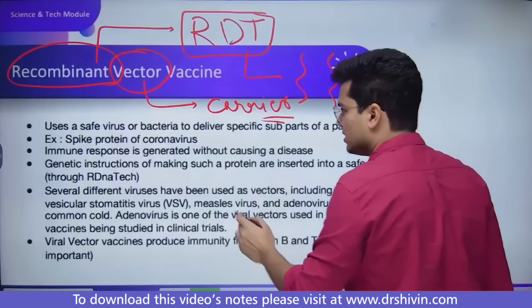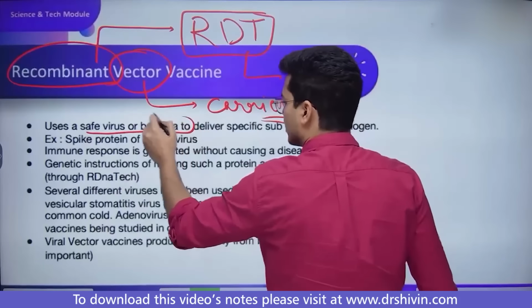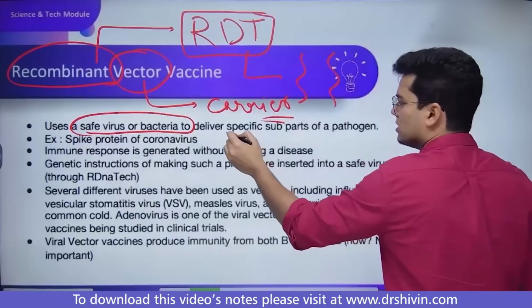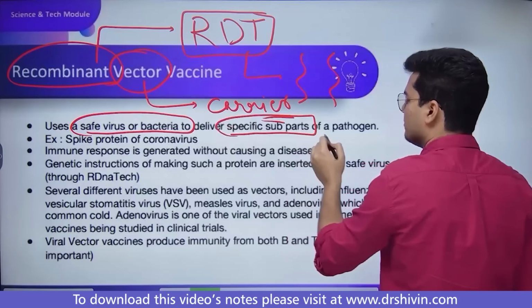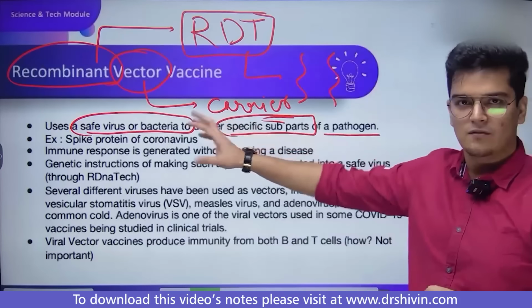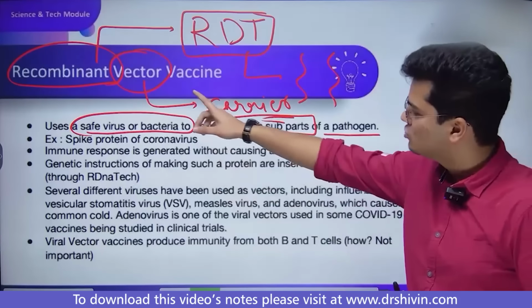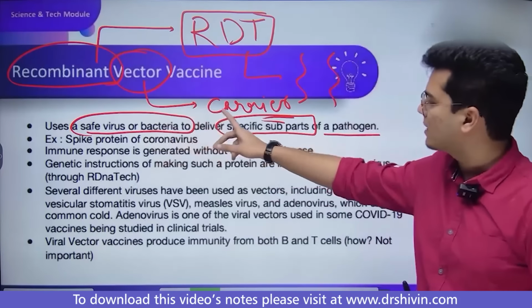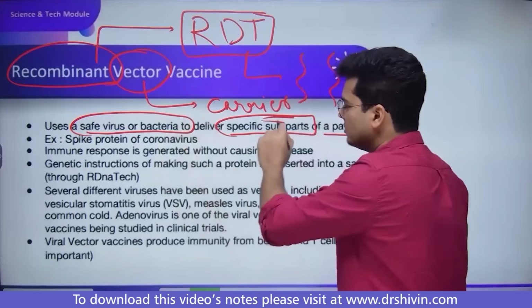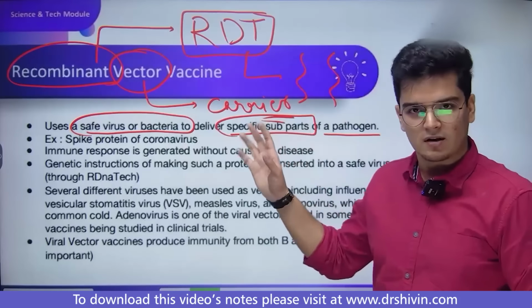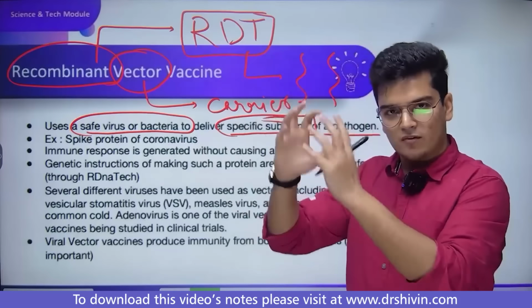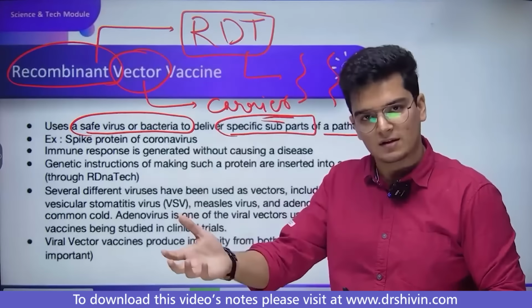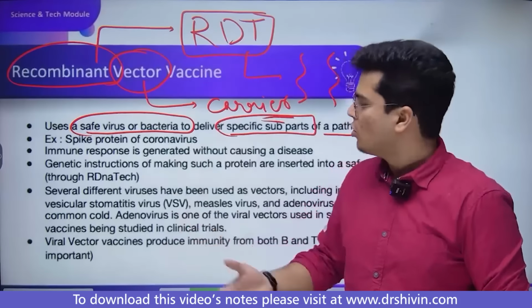Okay, so it uses a safe virus or bacteria to deliver specific subparts of the pathogen. How is it done? We will just see. Either we were purifying and giving this subpart, the antigen, as a subunit, or I am using a virus or bacteria to deliver this subpart, right?